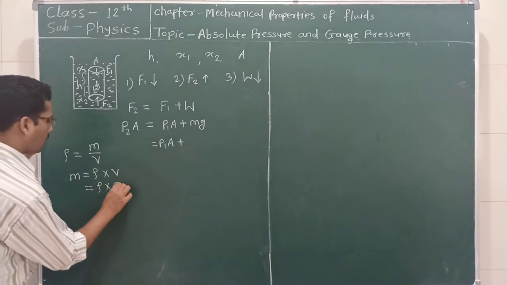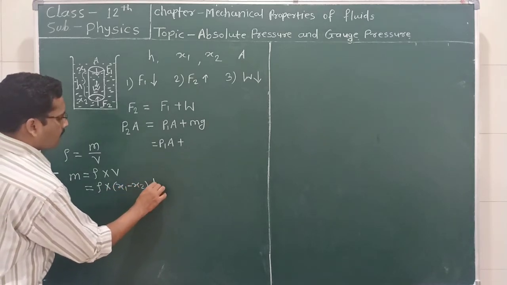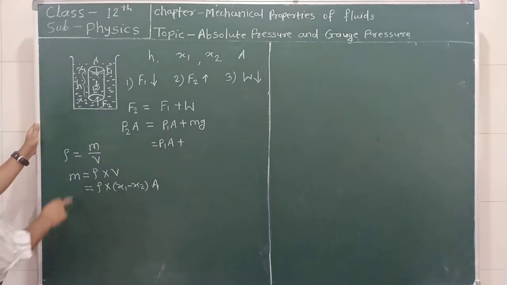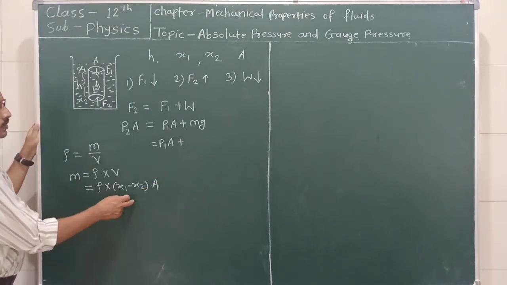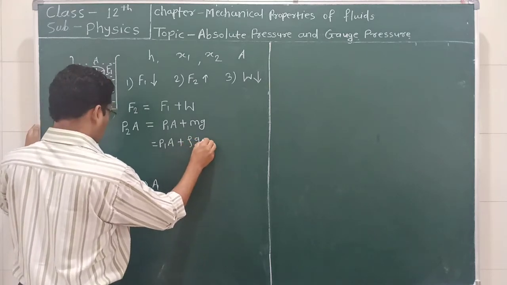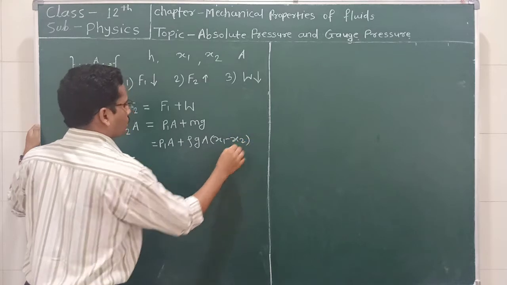The height is equal to x1 minus x2, multiplied by area. So this equation becomes rho g A into x1 minus x2.